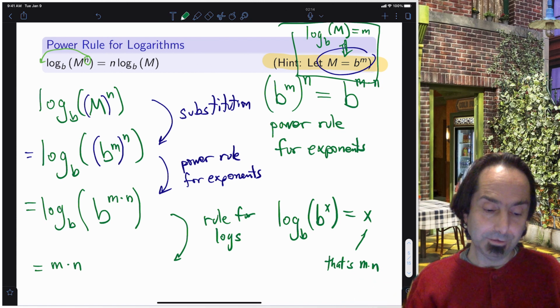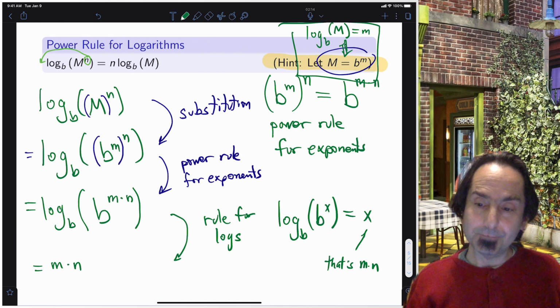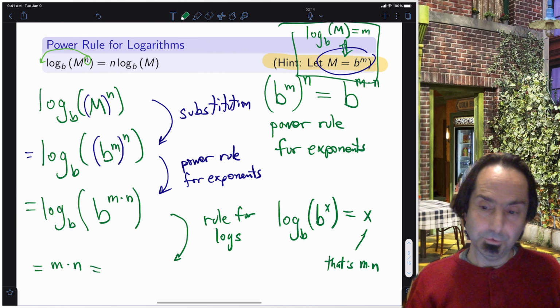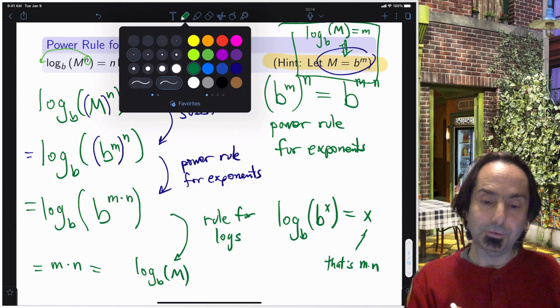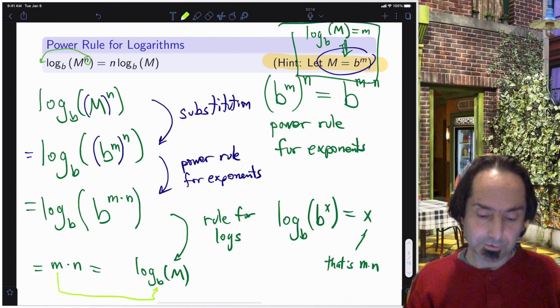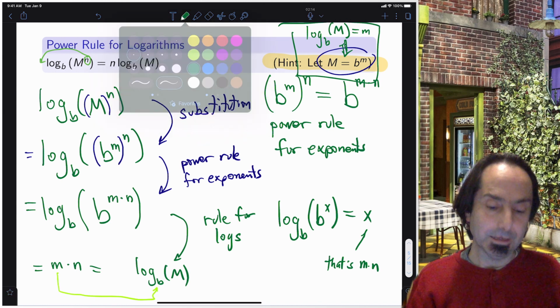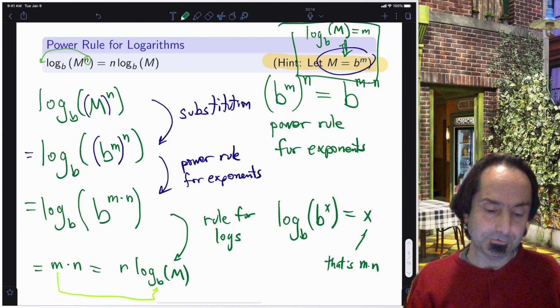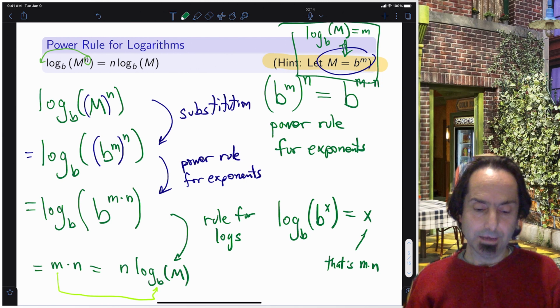That means that this little m is equal to log base b of big M. Okay, that's just a substitution. Let me show you that. That's a substitution, and that's times n. I'm going to put n in front, and there we go.